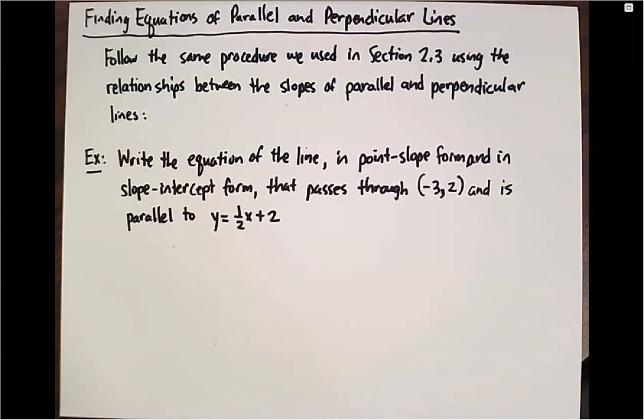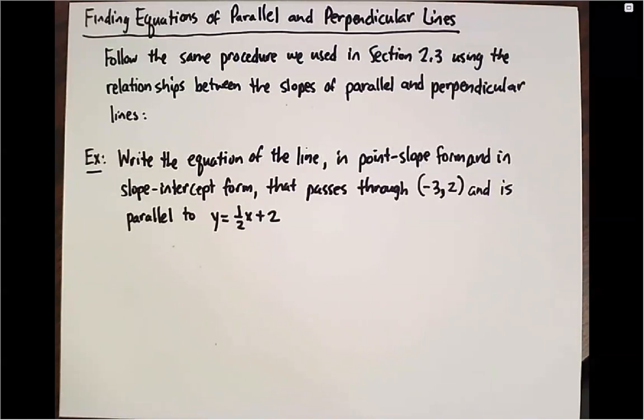So we're going to use that same procedure. We're going to get the slope and a point, and then we're going to put the equation into point slope form, and then we solve the point slope form for y to get slope intercept. I'm not going to make you write these in standard form. The only forms I'm going to ask for are point slope and slope intercept. That's mainly because one follows from the other.